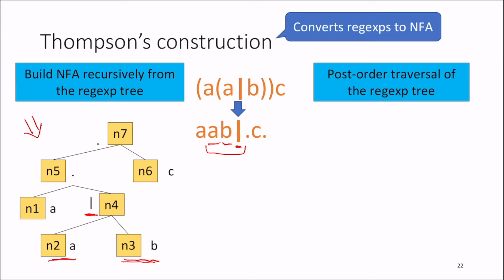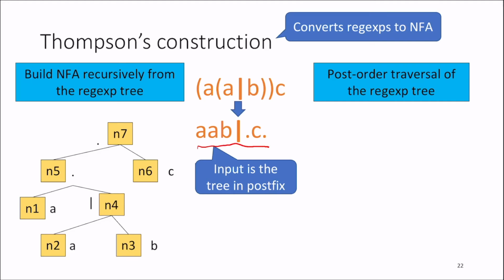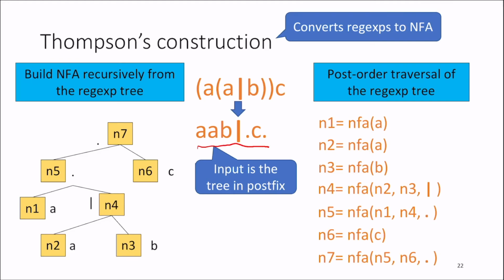So when I'm constructing the NFA recursively, I can just read this postfix string from left to right and construct the NFA recursively. Now we have the input: the tree structure in postfix notation. What we want to do is take each of the nodes in this tree.